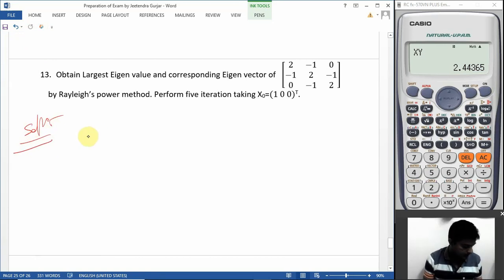Quickly go to the calculator. Calculator, please be ready. Make it on. Always, when you are using a matrix, press shift 6, you will get it as MAT. MAT is nothing but matrix, so shift 4, 1. This is a 3 cross 3 matrix. So just substitute here: 2 equal to, -1 equal to, 0 equal to.